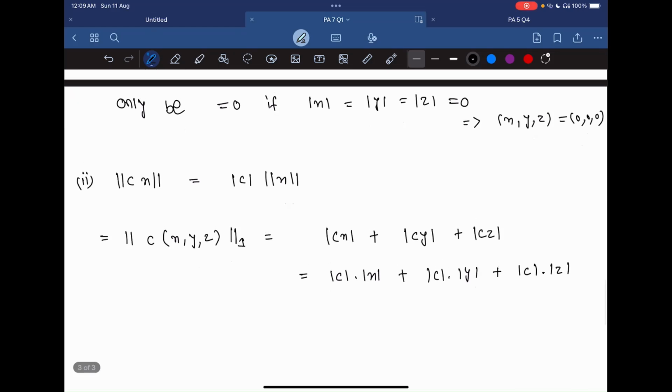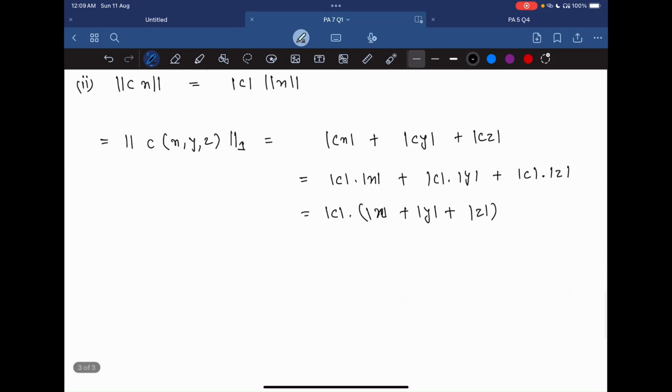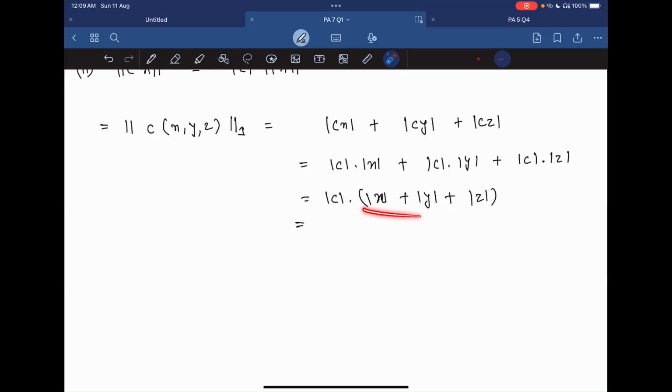We can take the mod of c common here and we will get mod of x plus mod of y plus mod of z. And here this is nothing but the norm 1. So our second condition is also satisfied.